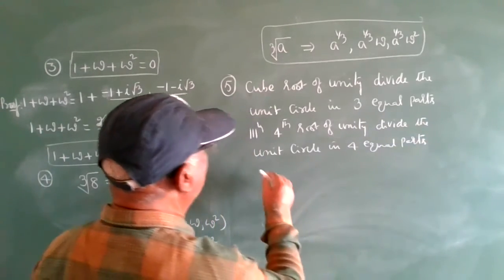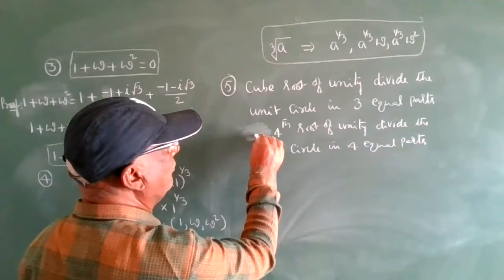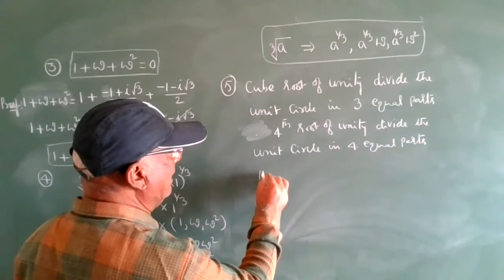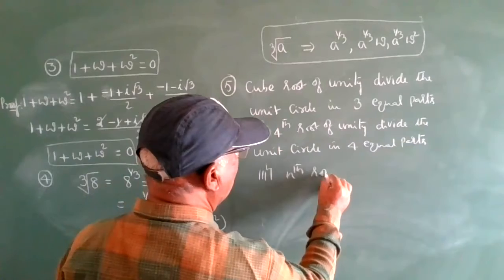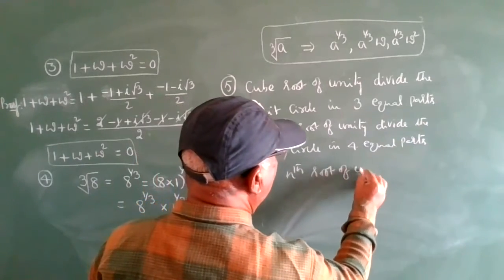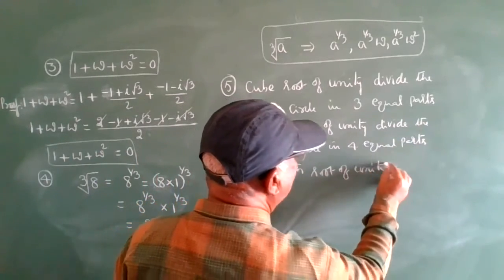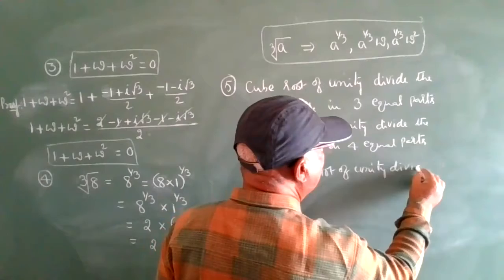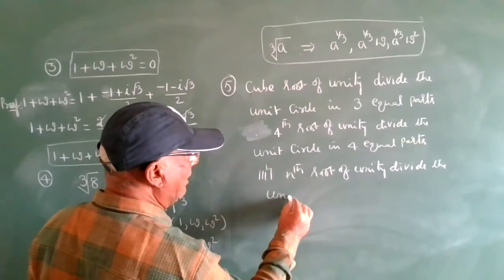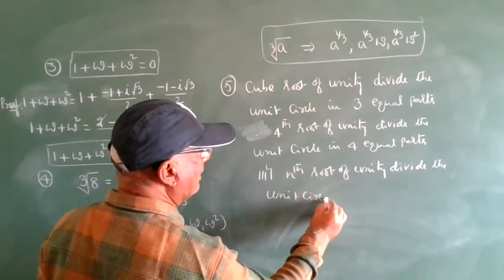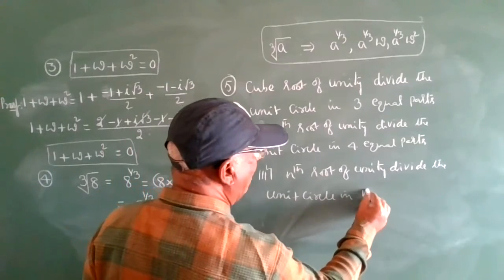Similarly, the nth root of unity divides the unit circle in n equal parts.